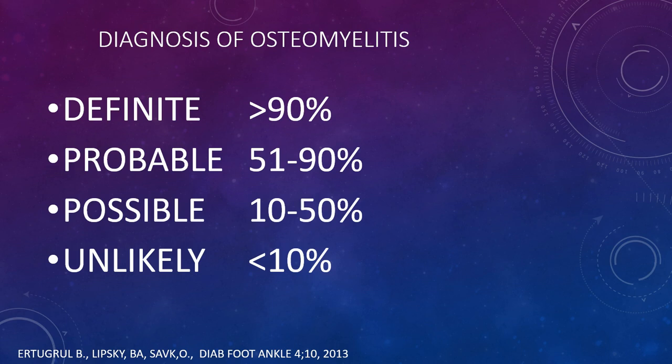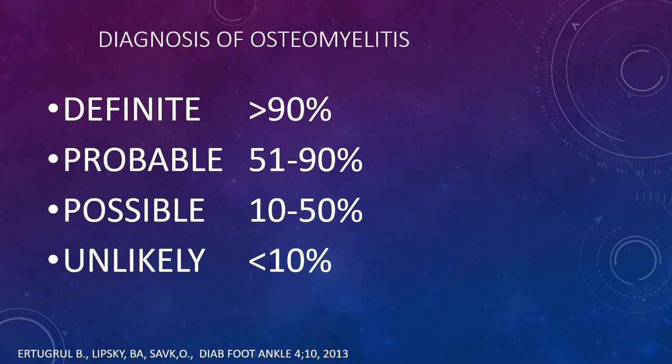In looking at the diagnosis of osteomyelitis in the Charcot joint patient, there are those who have established criteria as osteomyelitis being definitely present, greater than 90% probability, probably present between 51 and 90% probability, possibly being present with a 10 to 50% probability, and being unlikely.